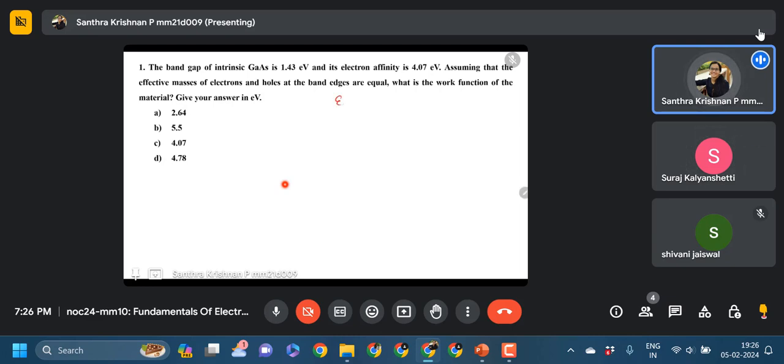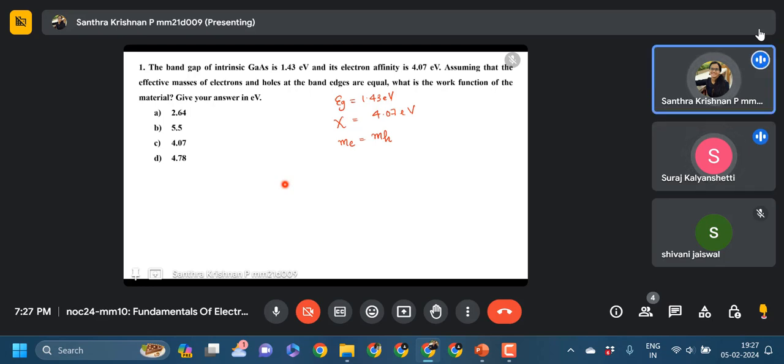Your Eg is given, that is 1.43 electron volt. Your chi, or affinity, is given as 4.07 electron volt. One more condition is that the effective mass of electron is equal to the effective mass of holes. And we are asked to find the work function.